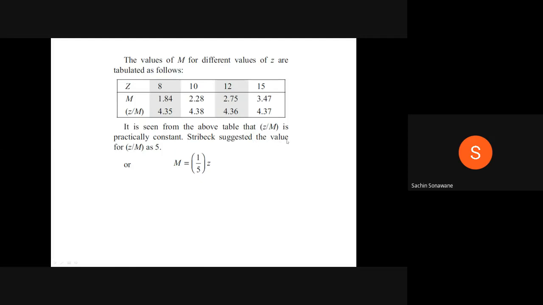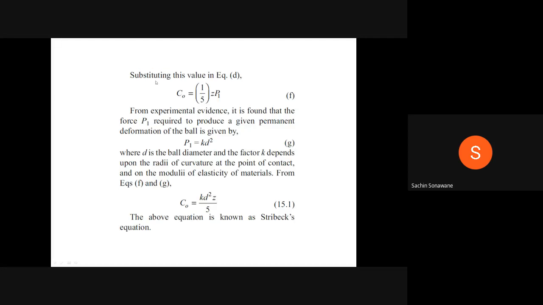Strybeck suggested the value for Z divided by M as 5, or M is equal to Z divided by 5. Therefore, substituting this value in equation D, we get CO is equal to 1 divided by 5 into Z into P1.